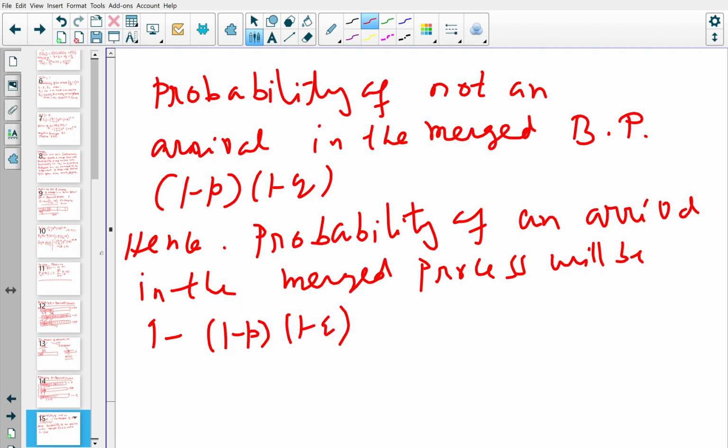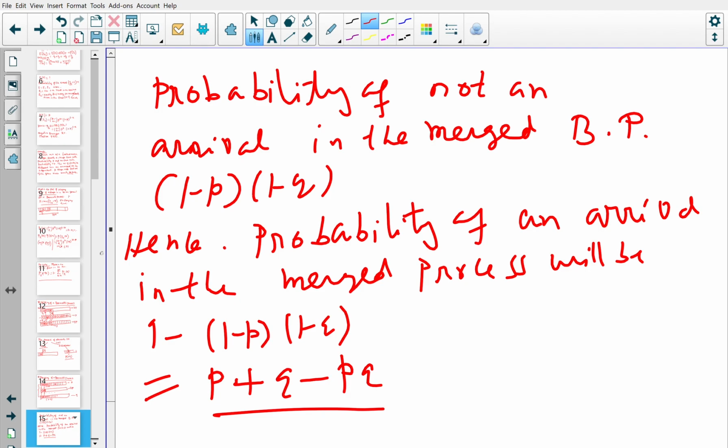The complement. And what is this? This is nothing but p, and then you have q, and then minus pq. Okay, so this will be the new probability of arrival in the merged process. Clear? So given a process, we can split it into two or more than two, and also we can merge. Given more than two processes, we can merge them into a single process also, right? Clear? Okay.